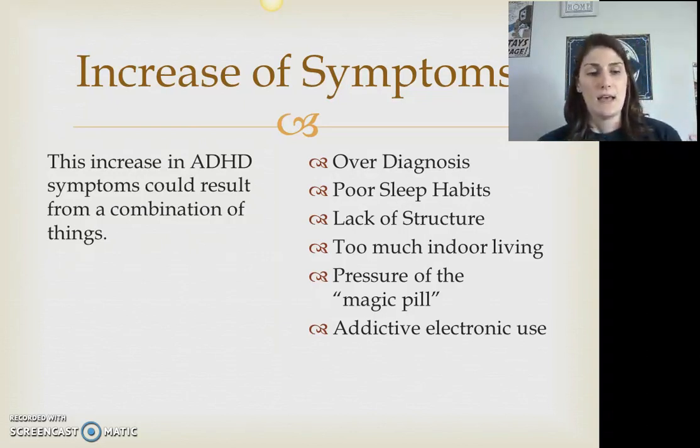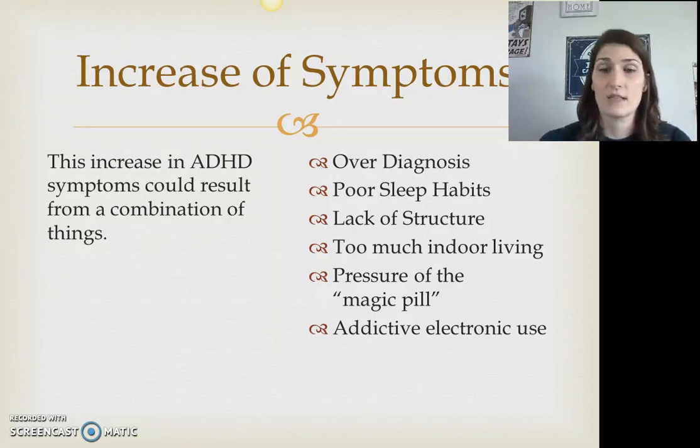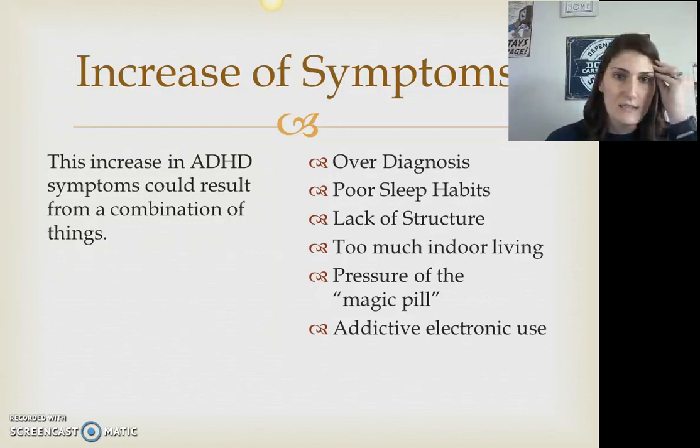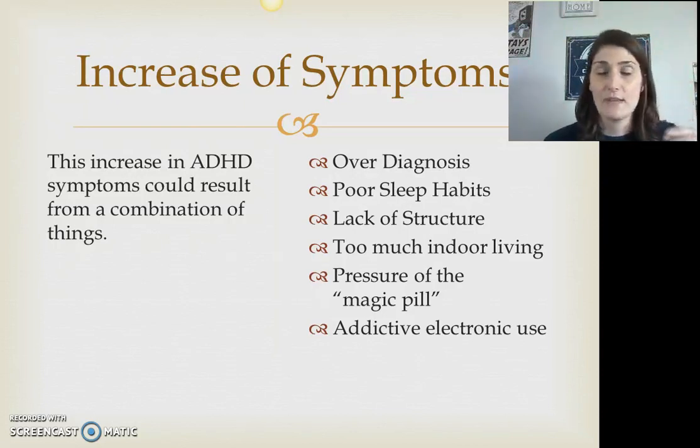They're not having a limit on electronic games and that stimulation, and really, right before bedtime, that has an effect on their sleep and the onset of sleep. So they're not getting as much sleep because their brain thinks it's not nighttime, because they're seeing this bright light from these games. Also, children are spending about half the time that they used to outside.